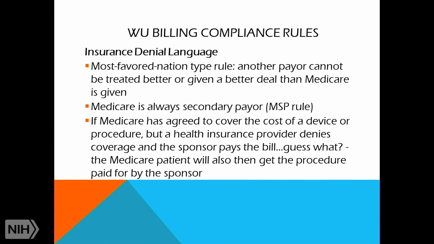This is the insurance denial language. The most favored nation type rule says that another payer cannot be treated better or given a better deal than Medicare is given. So if you have Medicare patients in your population, that's another thing you have to consider: if you give away an x-ray to a patient because their insurance denied it, then you've just given that same procedure away for free to all your Medicare patients.